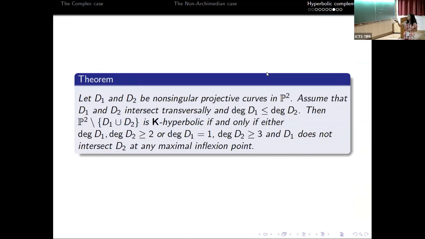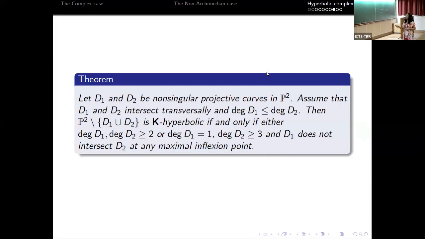And here is the result. It says that in P2, if 2 hypersurfaces intersect transversally, and the degree is bigger than or equal to 2, or one is a line and the other has degree bigger than or equal to 3, that is enough.